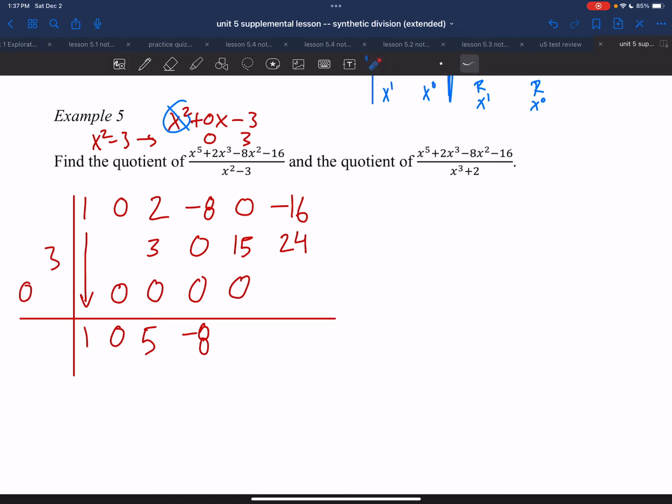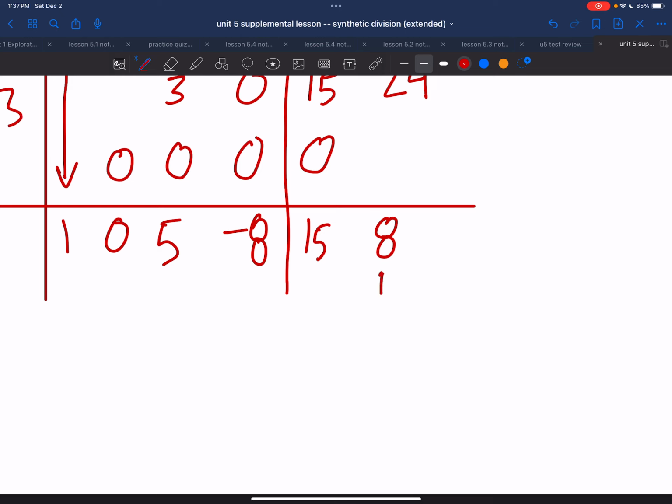Notice if I did it one more time, the next diagonal would be empty. So I'm done. I just add. So 0 plus 15 plus 0 is 15. Negative 16 plus 24 is 8. Now, this is your remainder constant. This is your remainder linear.